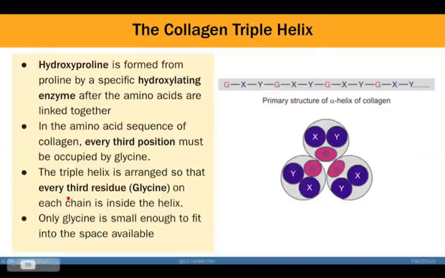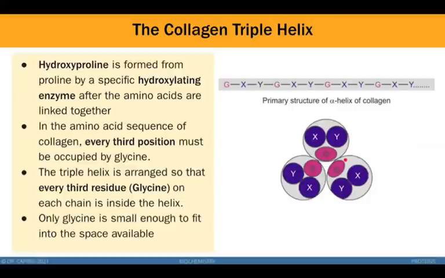The triple helix is arranged so that every third residue, every glycine, is within that helix. The purpose is that glycine will be found in the inner part of the triple helix. And why is glycine located in this part of the triple helix?